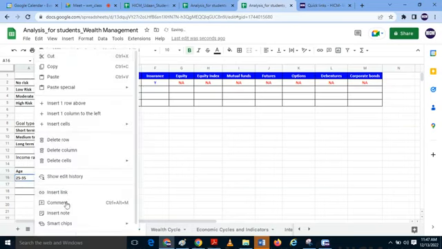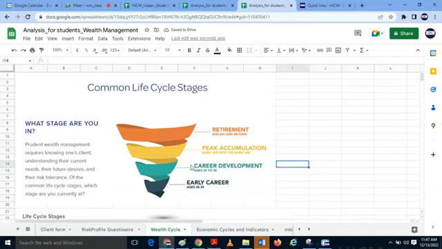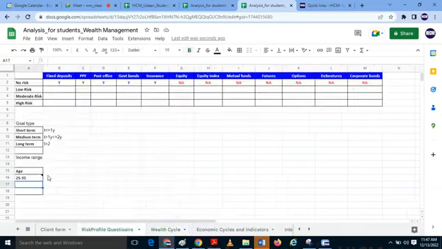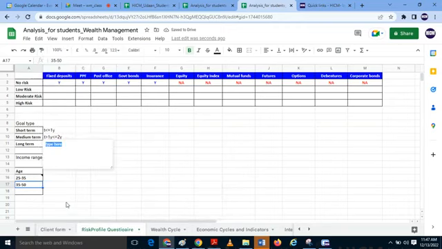Okay, there I can write over here, this is their early career. Then career development, 35 to 50 years. Actually, I am writing here so that if you hover, you will come to know what it means.